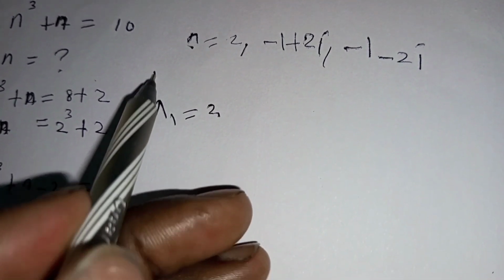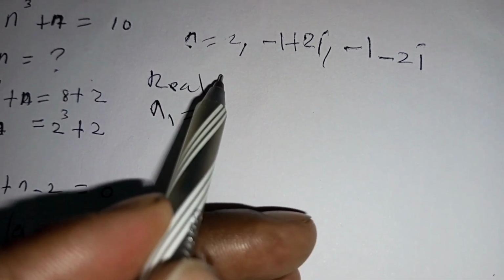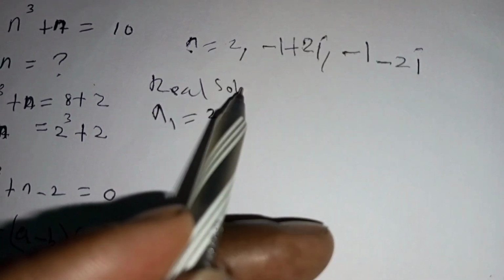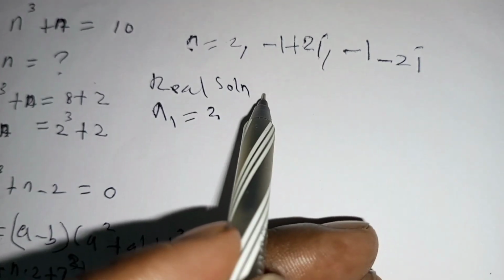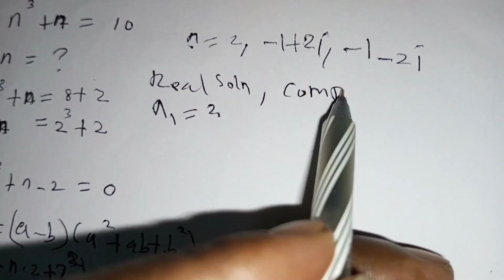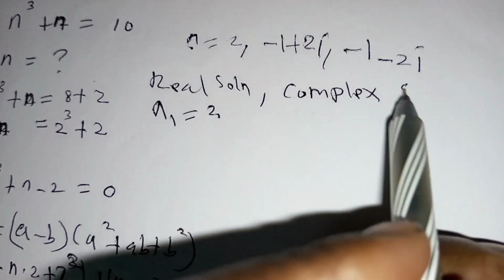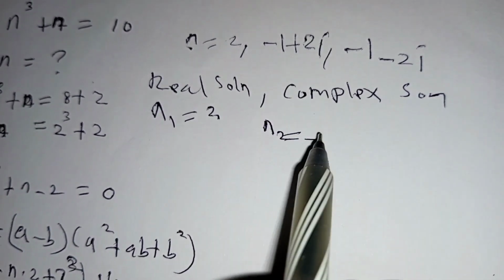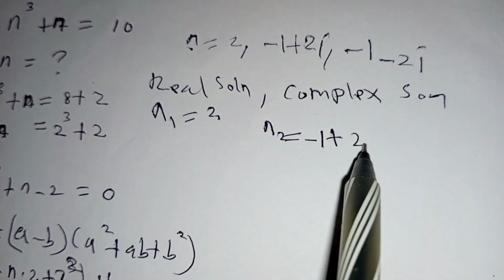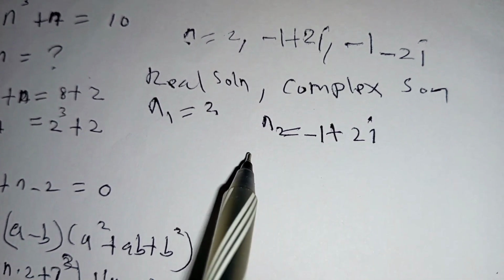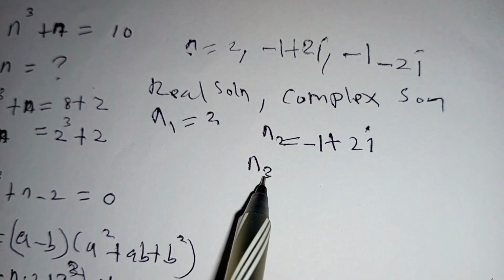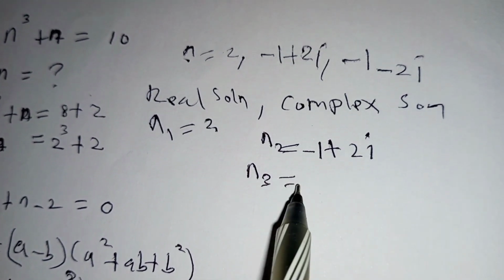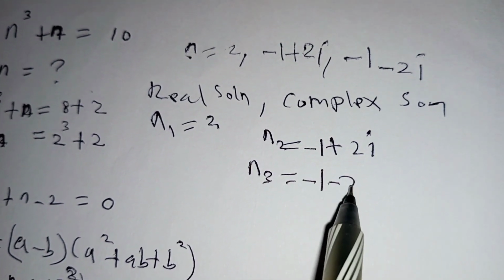This is the real solution. Then we have 2 complex solutions: n2 is negative 1 plus 2i, that is a complex solution, and n3 is negative 1 minus 2i.